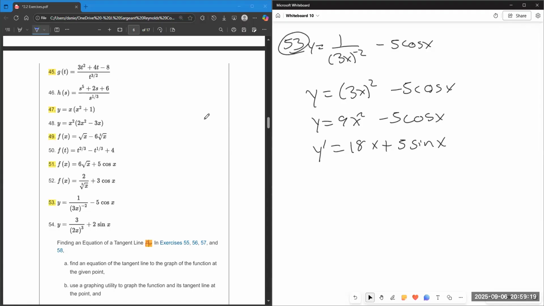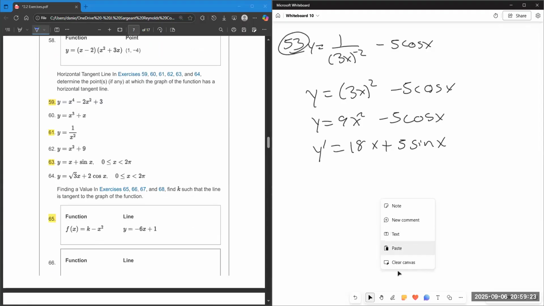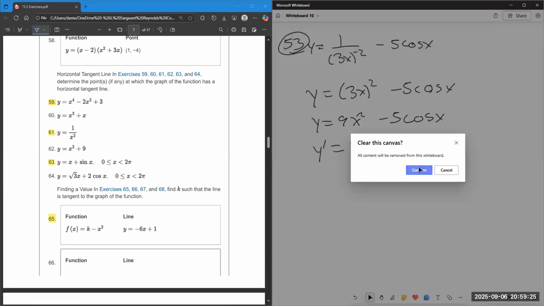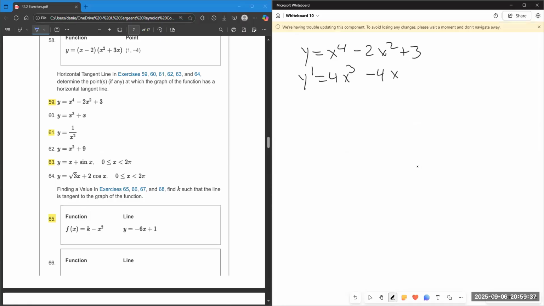That'll take us to number 59 next. And we're going to find horizontal tangent lines where the slope is 0. So if y is equal to x to the 4th minus 2x squared plus 3, y prime is 4x cubed minus 4x.